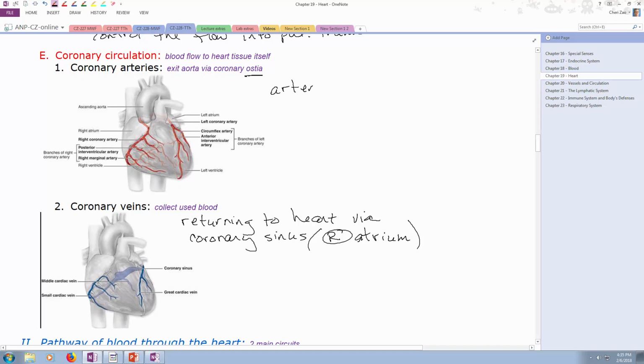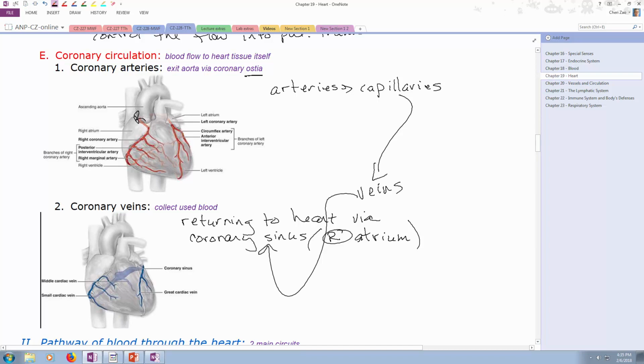Arteries will eventually give you capillaries, which are going to feed the heart, which will then eventually give you veins, which will eventually return back to the heart via the coronary sinus. What's important, this is our right coronary artery.